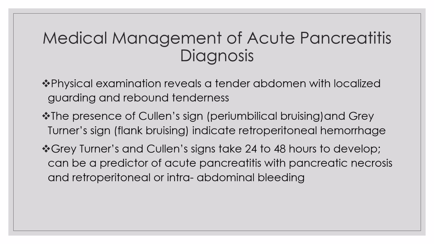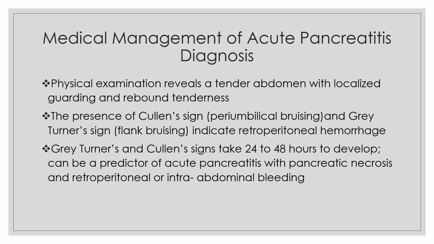So that is the Cullen sign. And then there is Gray-Turner's syndrome. Gray-Turner's syndrome is bruising on the flank. And the way that I remember that is when I am turning my patient and I see that bruising on either their right or their left flank, then I know that, again, they are hemorrhaging underneath the skin. That's what causes the bruising.